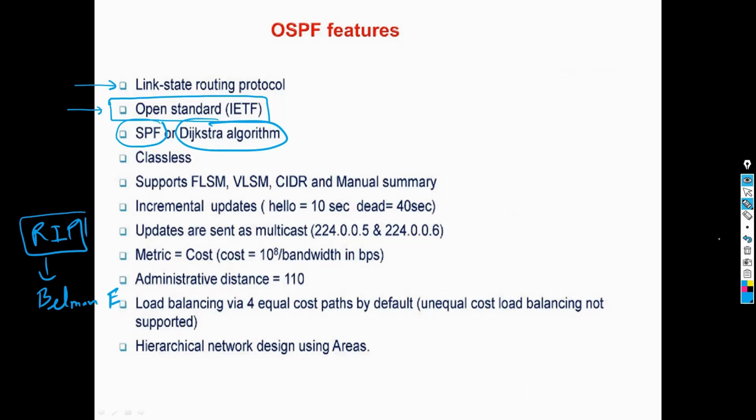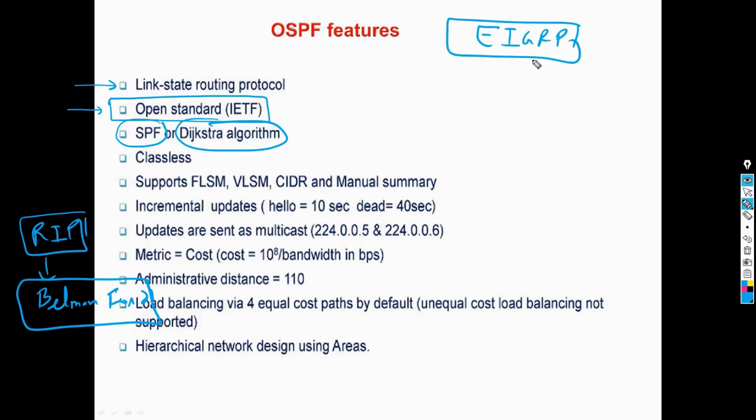RIP uses the Bellman-Ford algorithm to find the best route. If you talk about the EIGRP protocol, EIGRP uses the DUAL algorithm to find the best route. What is the DUAL algorithm? Diffusion Update Algorithm. RIP uses Bellman-Ford, but OSPF uses the SPF algorithm, Shortest Path First, or you can say Dijkstra algorithm.